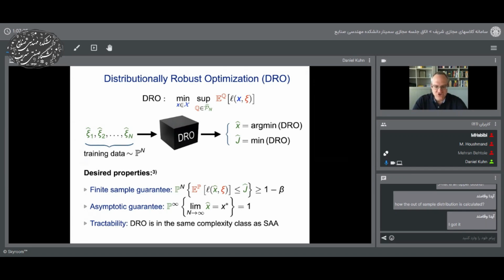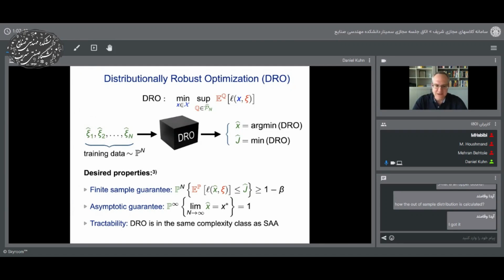Second, I would like to make sure that if the number of training samples tends to infinity, then in some sense, the optimal solution of my distributionally robust optimization problem converges to the true optimal solution of the problem based on the true distribution, which I cannot solve.